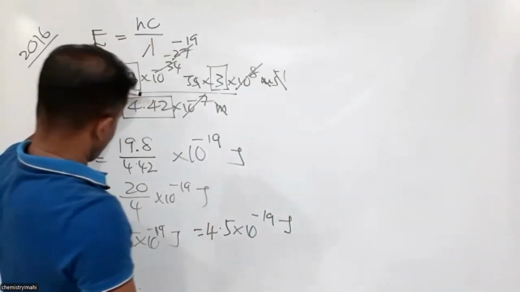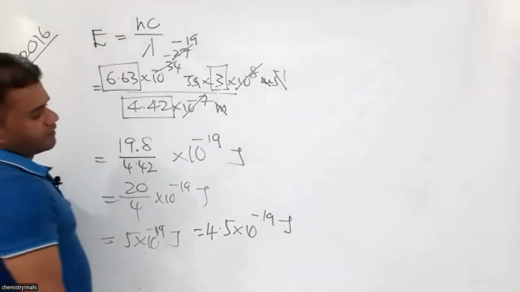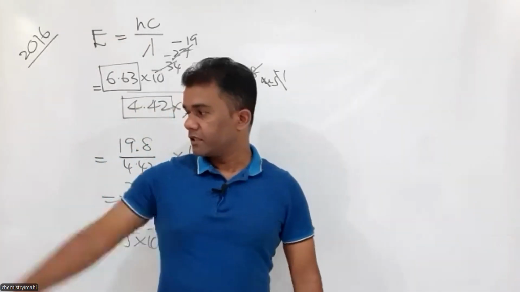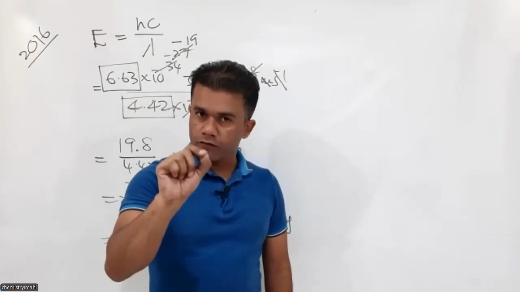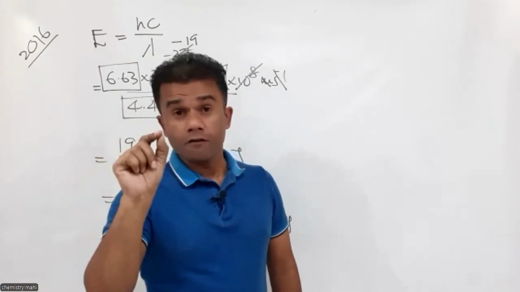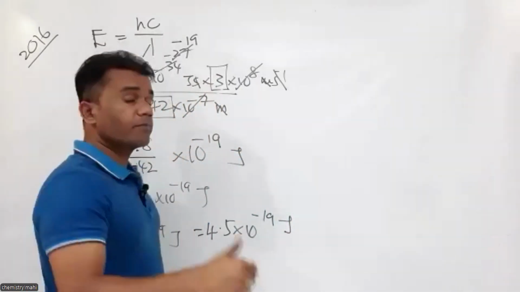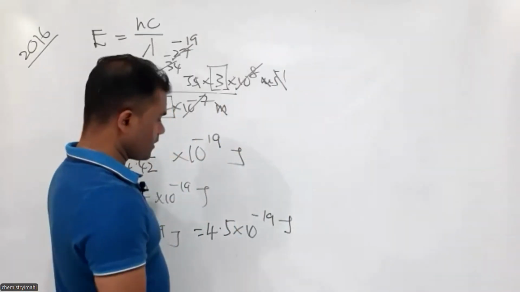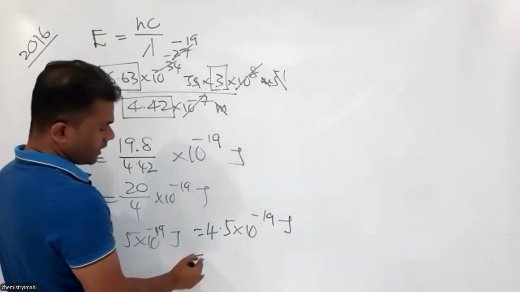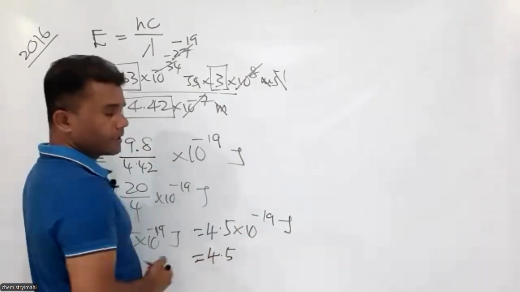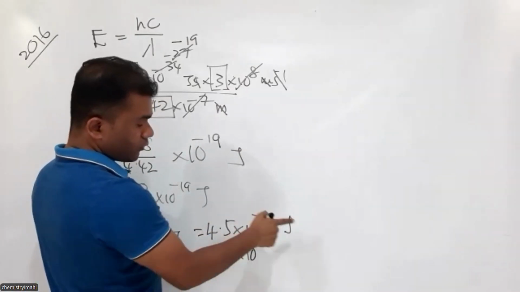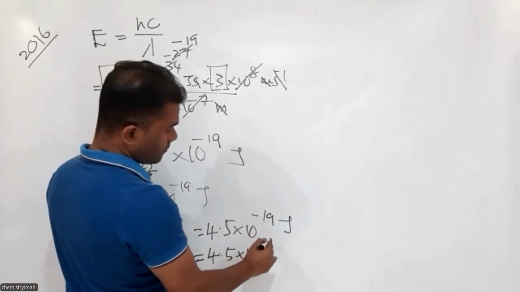This into this, divided by this. Okay, we get 4.5, 10 to the power of minus 19 joule. But the answers are given exact value 4.5, 10 to the power of minus 19. But in the first answer, it's kilojoule. So it can't be the first answer. Because we got it in joule, then we convert that into kilojoule. Once you divide that by 10 to the power of plus 3, it becomes 10 to the power of minus 3. Minus 3 minus 19, it's minus 22.